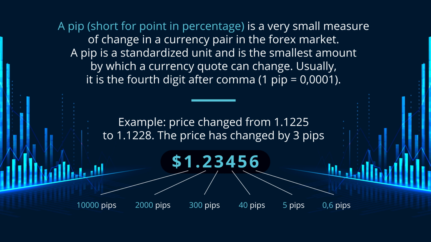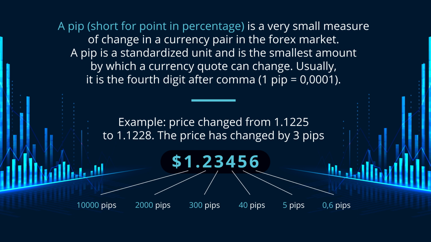Probably when you went to the bank or currency exchange point, you noticed that usually they present you a shorter version of the price of the currency. Because when you're exchanging smaller amounts, it doesn't matter for you what is the third or fourth digit after the comma. But when trading in Forex, traders are dealing with much bigger volumes.